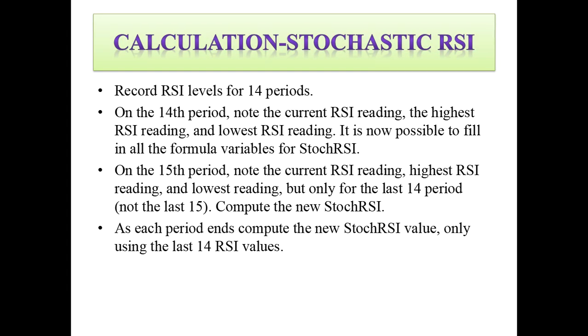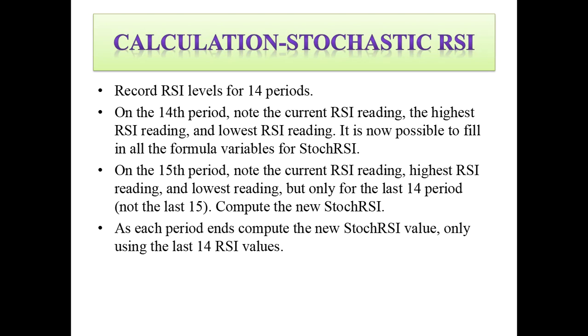Now let's see some more about the calculation. Record the RSI levels for 14 periods or whichever number of periods you're using, and on the last period note the current relative strength index reading, the highest relative strength index reading, and the lowest RSI reading. It is now possible to fill in all the formula variables for the stochastic RSI.